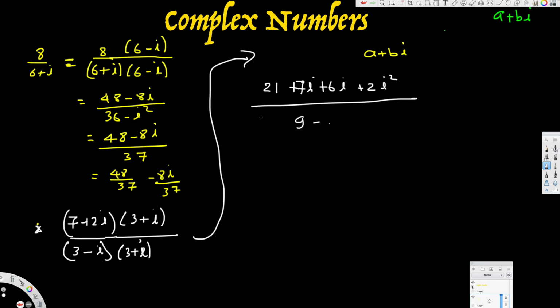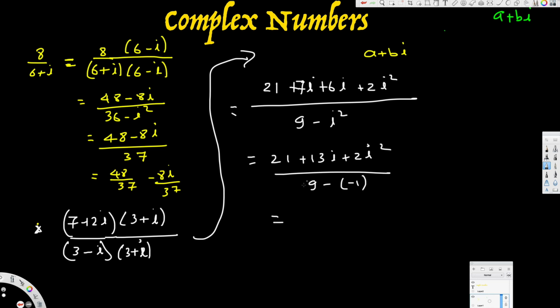So if we simplify this one furthermore, 21 plus 13i plus 2i square divided by 9 minus i square, that is minus 1.